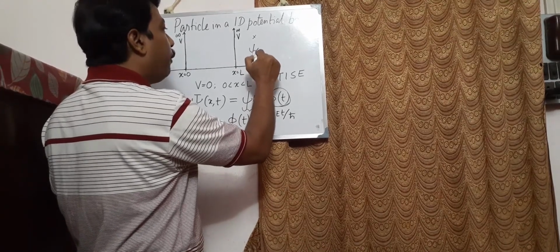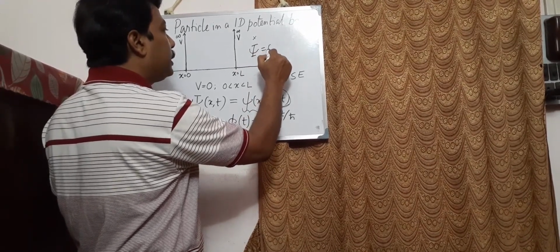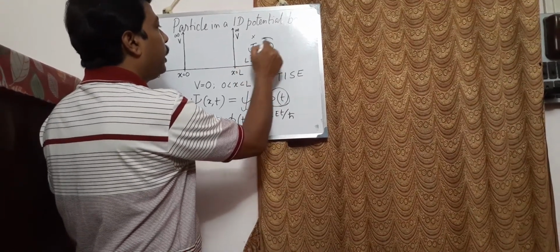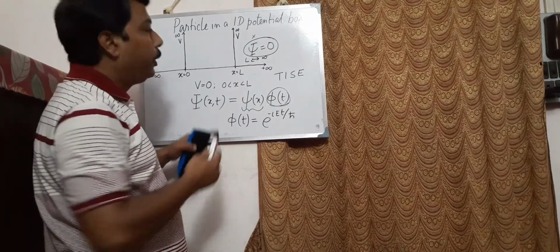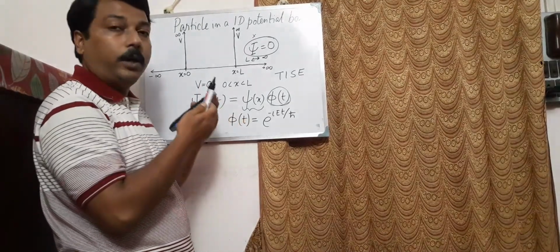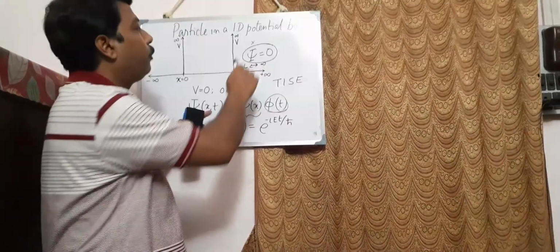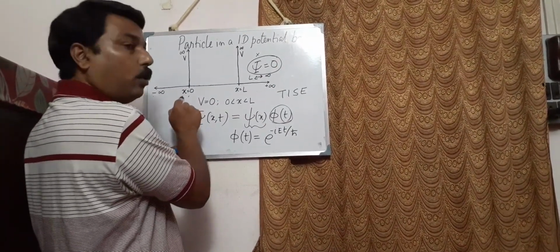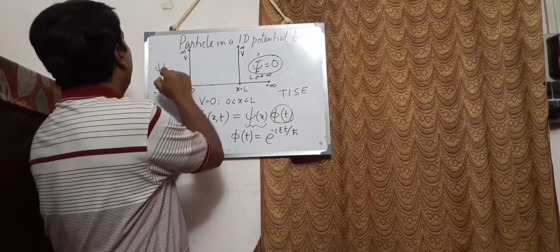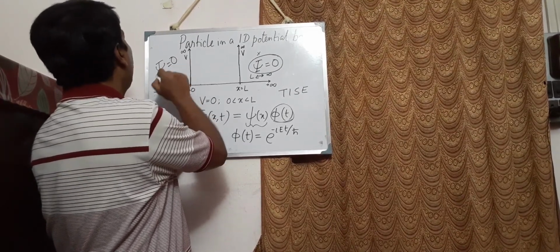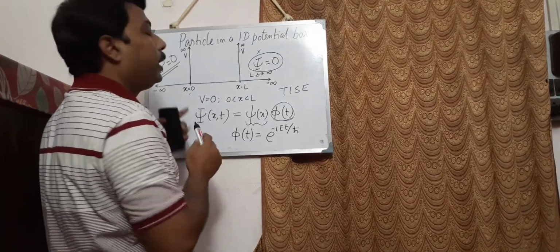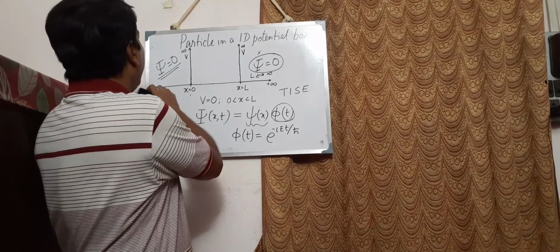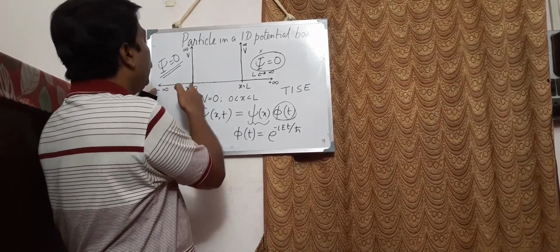So the wave function of the particle in this region, from L to infinity, will have to be 0, because there is no chance, no probability of finding the particle in this region. Similarly, from minus infinity to 0 also, the wave function has to be 0, because there is no probability of finding the particle ever from x equal to minus infinity to x equal to 0.